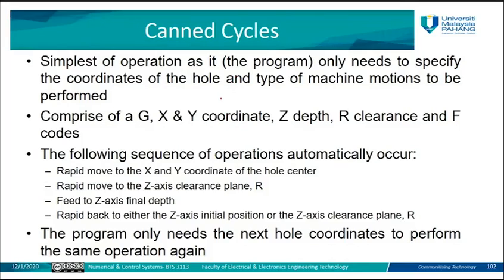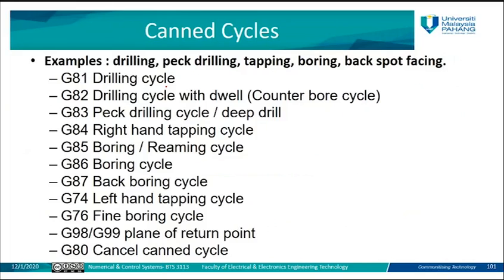This is the difference, but the idea is the same. If you have the main program, you call the subprogram, the subprogram will accomplish one task and return back to the main program. For the can cycle, the idea is the same, but it is done through one code. So if you want a drilling cycle, just use G81. If you want a drilling cycle with dwell, just use G82, and so on.